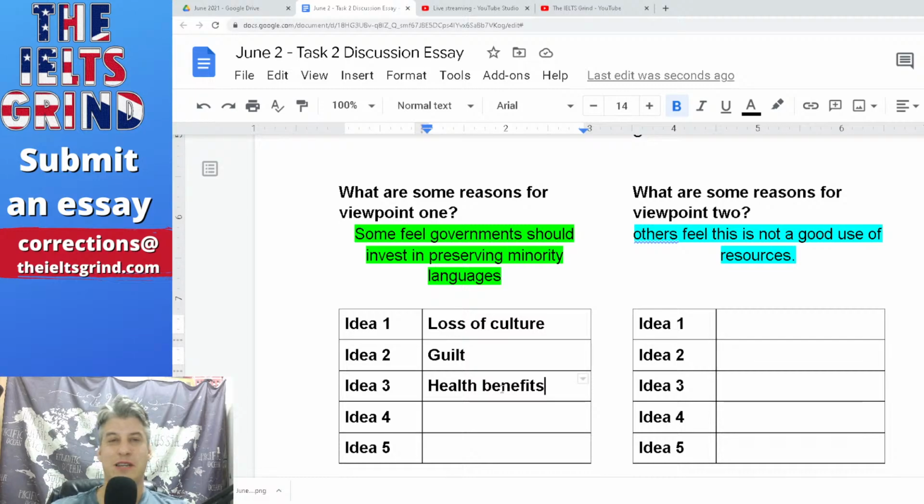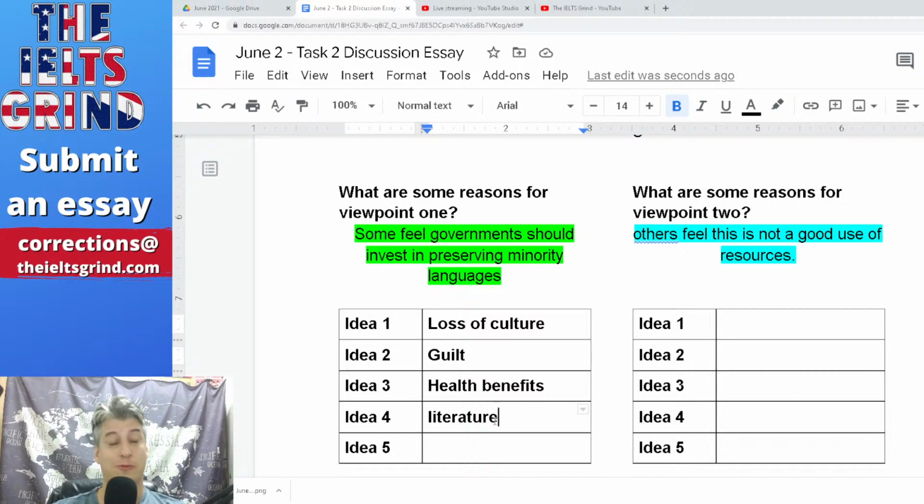So can I think of any more? It's a difficult one. Apart from culture and guilt, I'm not sure. Literature. Okay. So this is the idea that within the written word, we could lose access to that if people don't speak it.